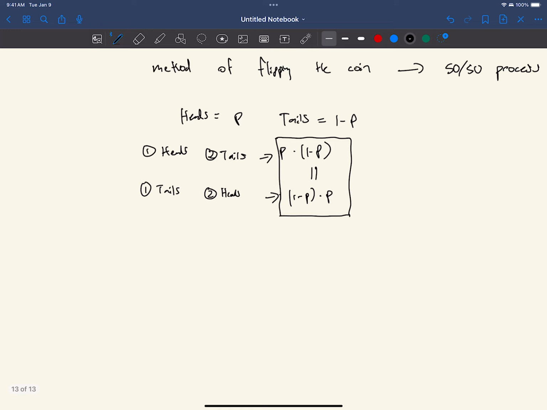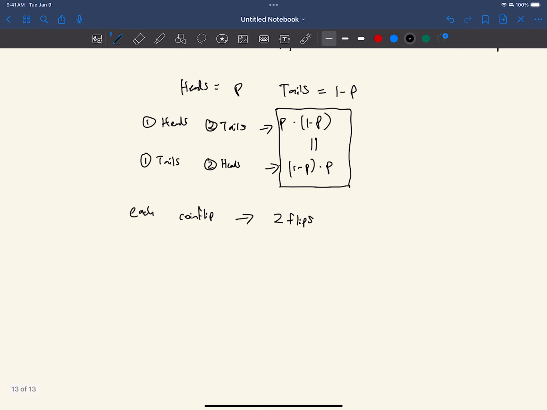And so, if we think of flipping this coin, if we think of each coin flip as really two flips, right? Each coin flip, we now think of flipping a coin as flipping this coin twice. What is our space? Well, we could get heads, heads.